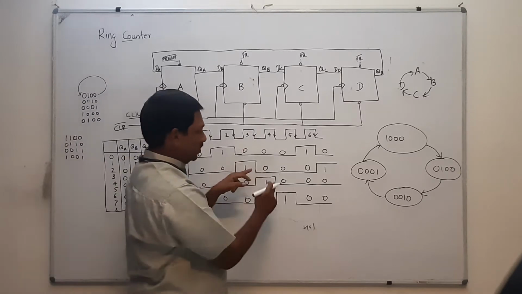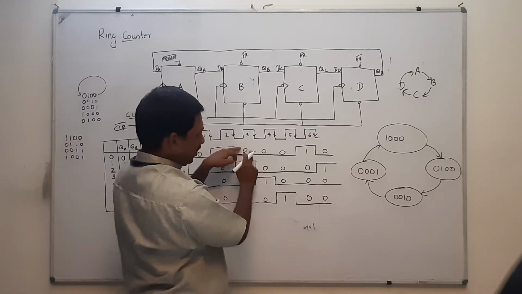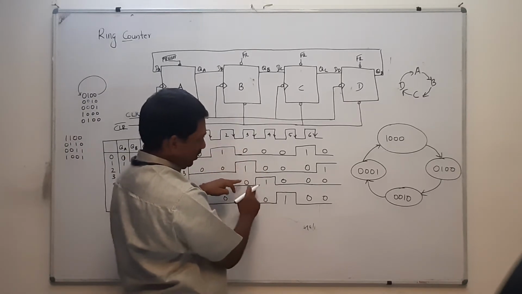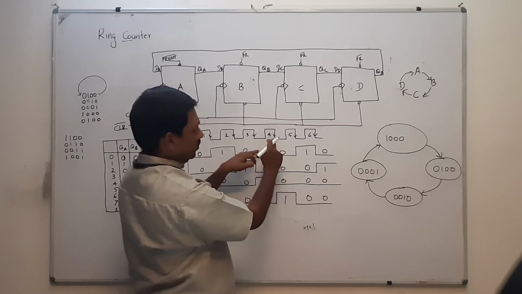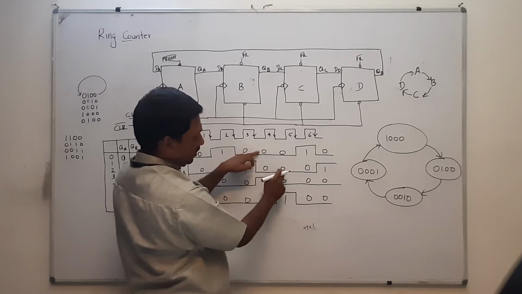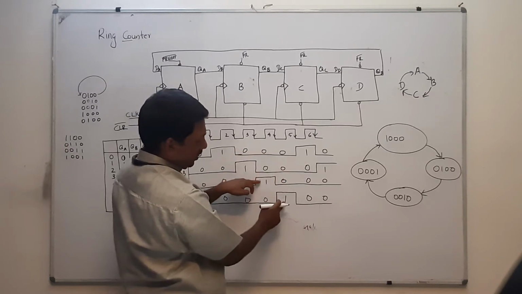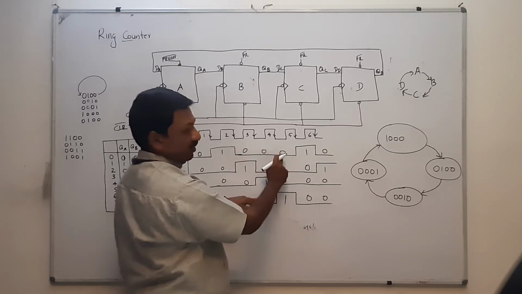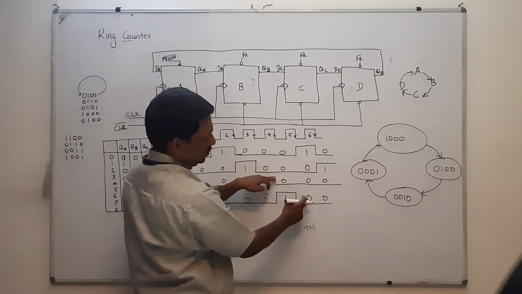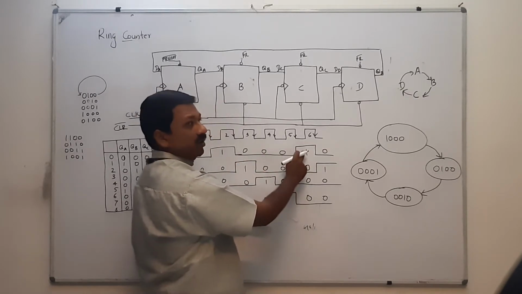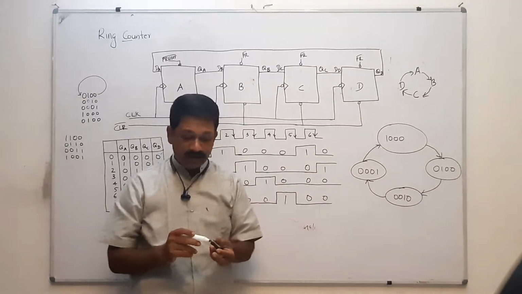Then for the next clock cycle, 0 to 0, 1 to 1, 0 to 0, and 0 to 0. Then for the next clock pulse, 0 to 0, 0 to 0, 1 to 1, and 0 to 0. Then 0 to 0, 0 to 0, 0 to 0, 1 will go here, and likewise.